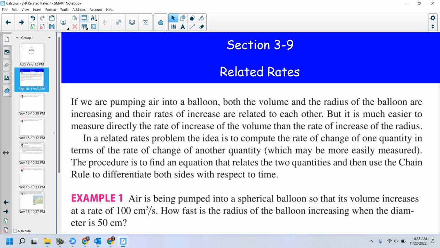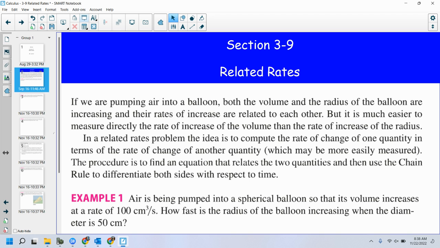Those rates are related to one another. But it's much easier to measure directly the rate of increase of the volume rather than the rate of increase of the radius of the balloon. It's easier to calculate the volume directly of that balloon, and you can't really get inside that balloon and calculate how fast the radius is increasing, right?